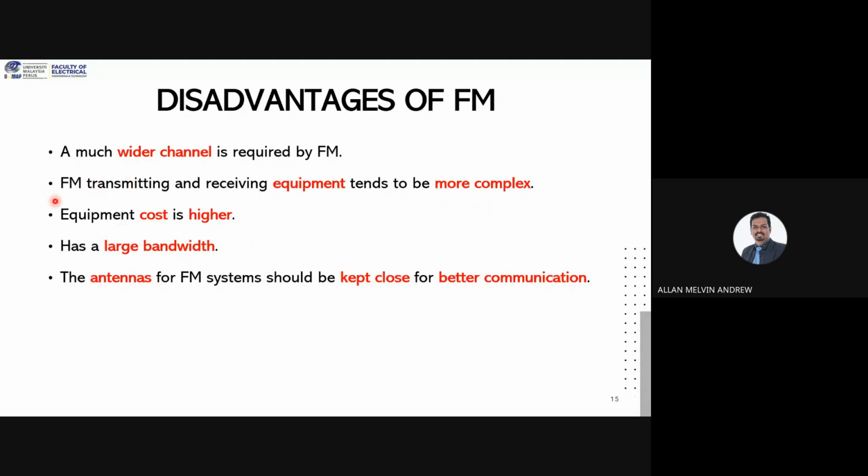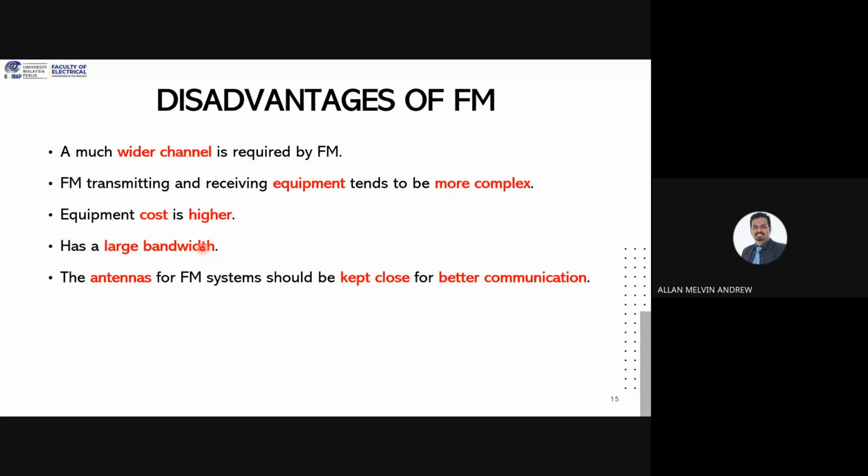Then FM transmitting and receiving equipment tends to be more complex, because you are dealing with more circuits. When things are more complex, of course the cost will be higher. So everything is related, and it has a large bandwidth.